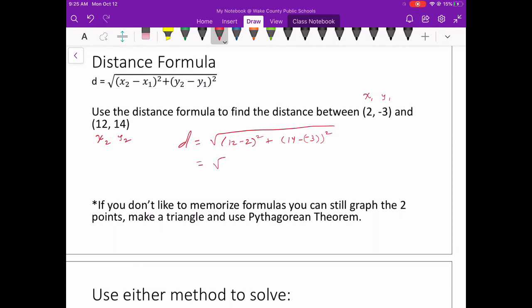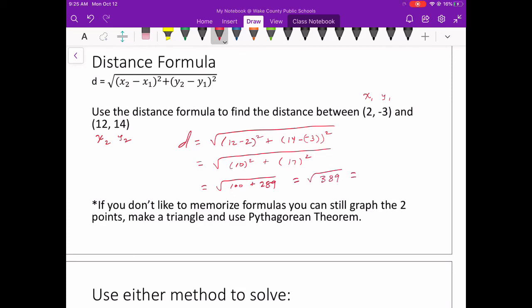And now I'm just going to simplify and work my way from the inside out. 12 minus 2 is 10. I still need to square it. 14 minus a -3 is 17, and I still need to square that. So here we go. 10 squared is 100, and 17 squared is 289. So if I add those together, I get 389.